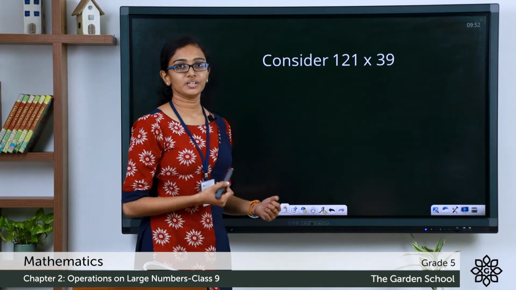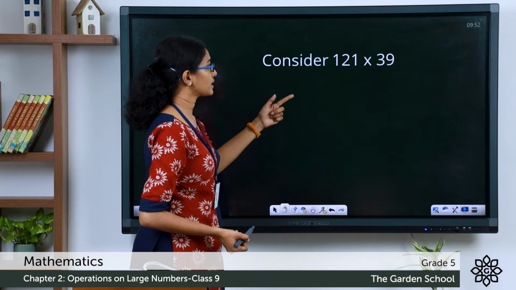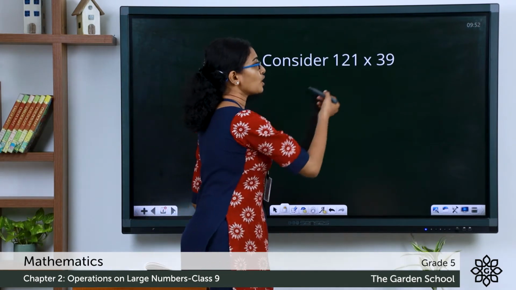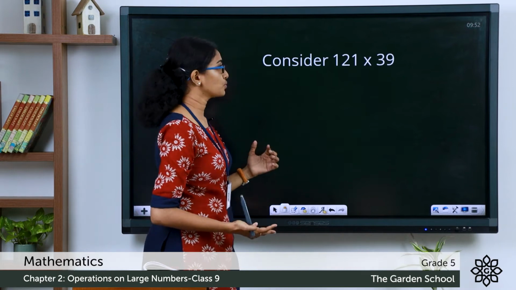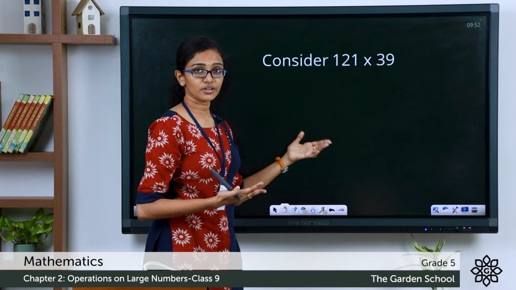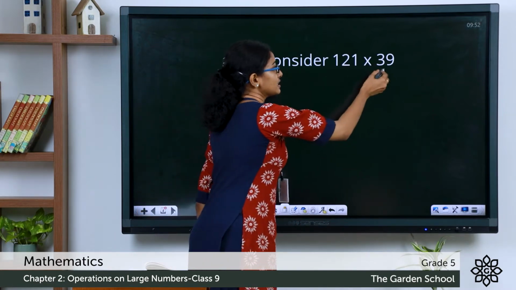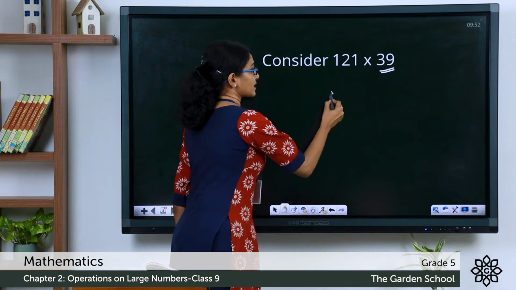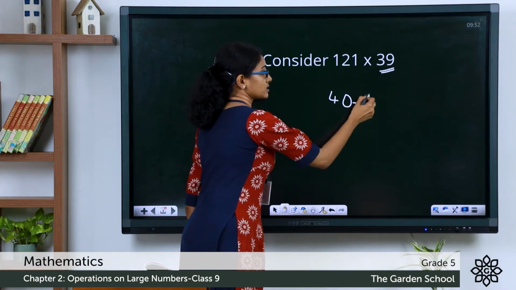Now, we'll see one more example. 121 into 39. Can we round off any of these numbers to tens, hundreds or multiples of tens or hundreds or so on? See, this 39 I'm choosing here in this case. So 39 is actually 40 minus 1.